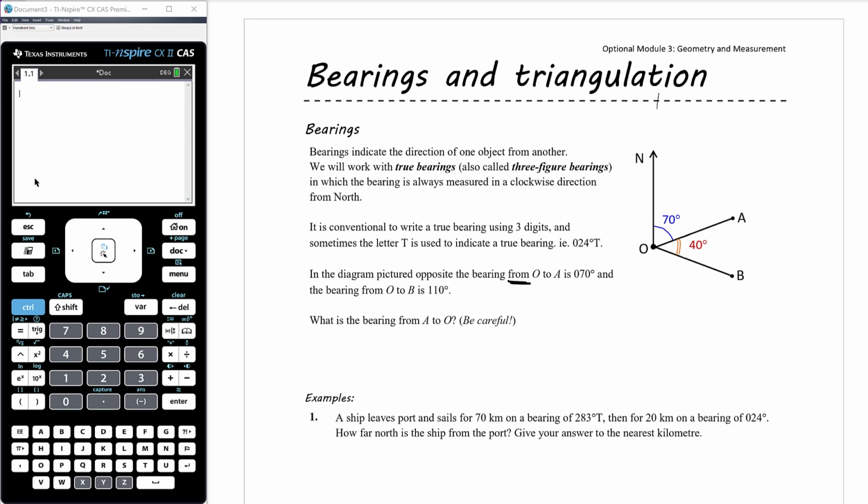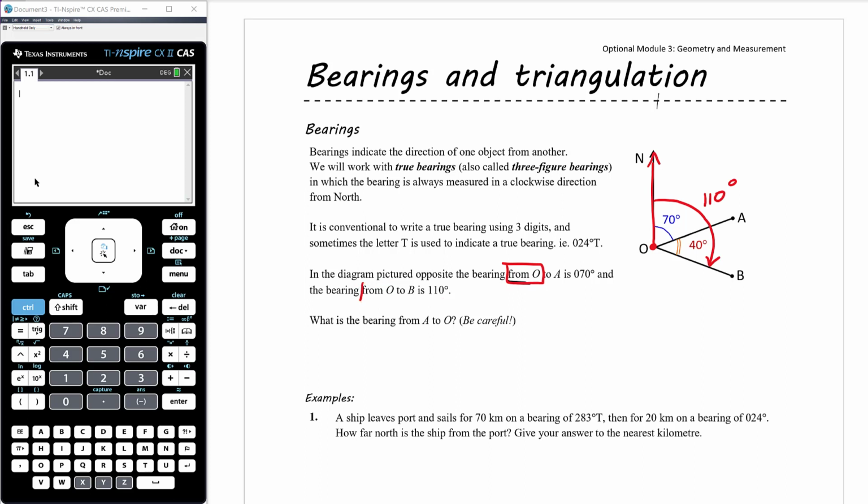So if we're measuring our bearing from O, that means we're standing at O, facing north at O, and turning in a clockwise direction. So that is the bearing from O to A, and it is 70 degrees. We can also see the bearing from O to B is 110 degrees. So from O is what's important there. I'm standing at O, I'm facing north at O, and I'm turning clockwise until I'm facing the direction of B, and that's through an angle of 110 degrees.